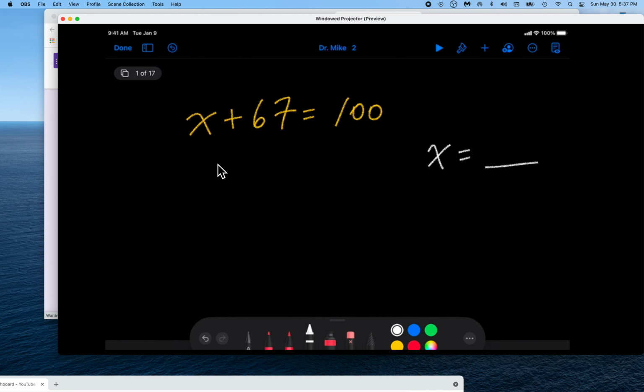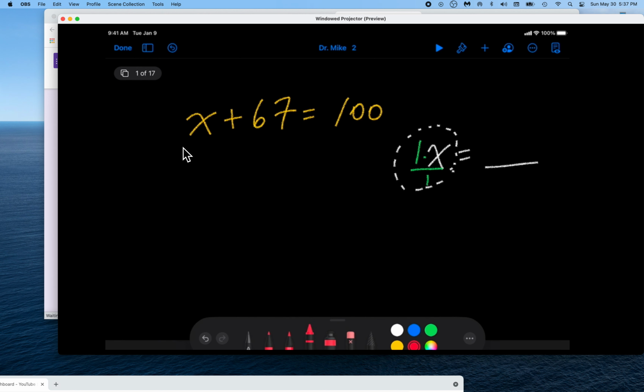X cannot have any neighbors. So if you were to draw a circle around the side of the equation that contained x, there would be nothing with it except the hidden 1 that's with it. Or if you want to put a hidden 1 below, that's okay, but nothing else. You can't have plus 67. You have not solved for x.